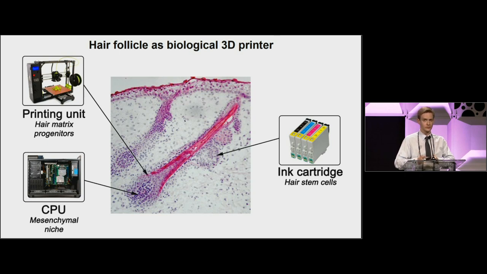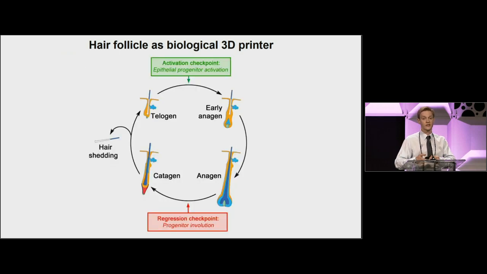Just like 3D printers, production of hair occurs in defined cycles that consist of consecutive phases. The growth phase, when hair is being produced, called anagen, is followed by the regression phase when follicles involute and go into the resting phase, at which point they could reset the print program. And similar to printers being fed different instructions, the same hair follicles can output dramatically different looking hair shafts over their lifetime.